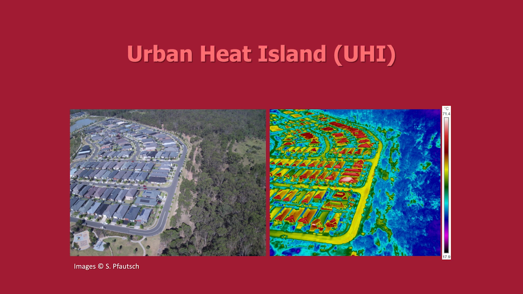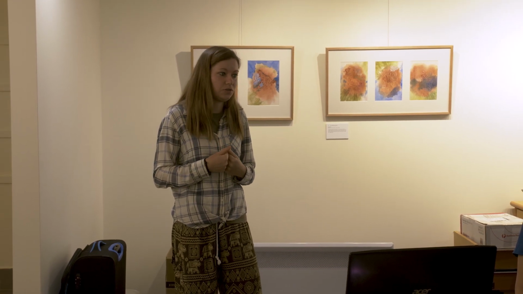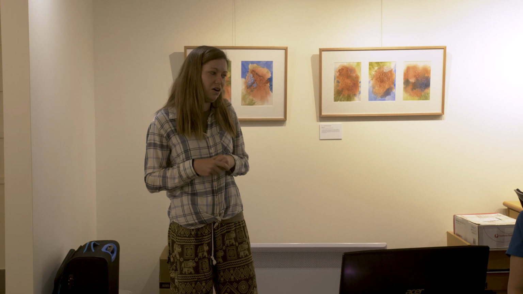And actually the hottest part of that built space are the roofs. They are often dark in color, and because of that, they absorb a lot of solar radiation, and they store that heat, and that heat is transferred inside of the building, increasing the indoor temperatures. And you also can see that these roofs are hotter than the asphalt road that is surrounding that space.